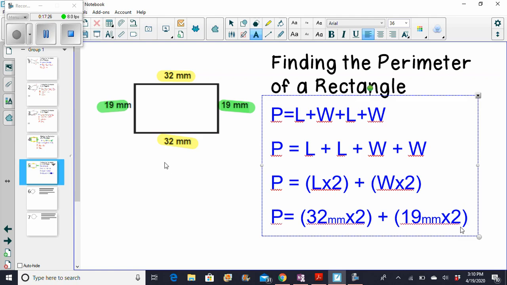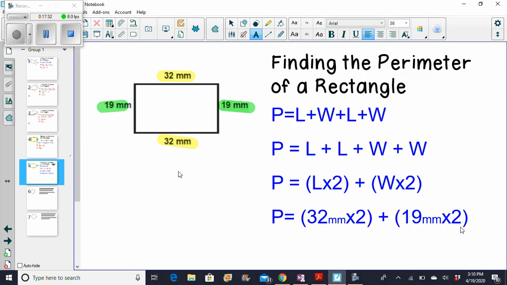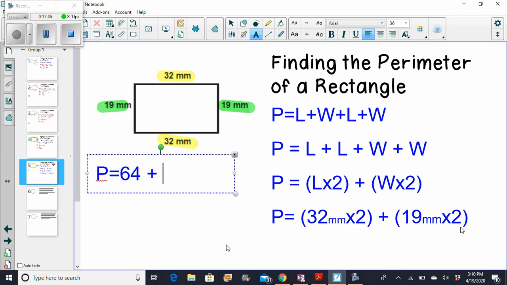Okay, I'm going to move over into this other space here. So if I have 32 times 2, that is going to give me 64. So our combined lengths would be 64 plus, and hopefully you're also doing 19 times 2. 19 doubled gives you 38.